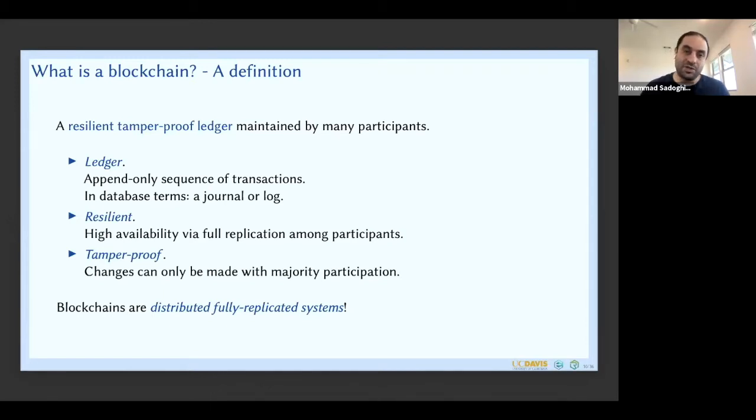Of course, in the permissionless setting, the mere fact of creating every block also corresponds to heavy computational puzzle solving. It adds a second level of resiliency.